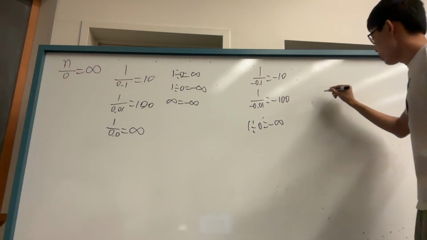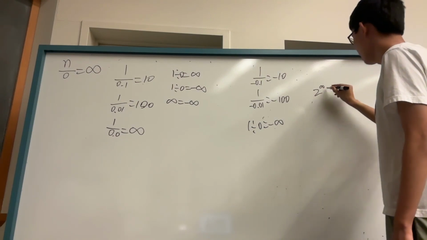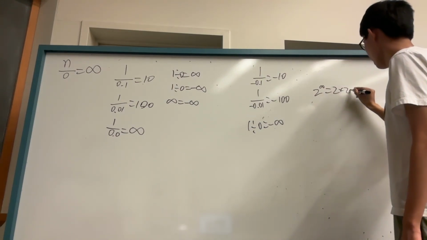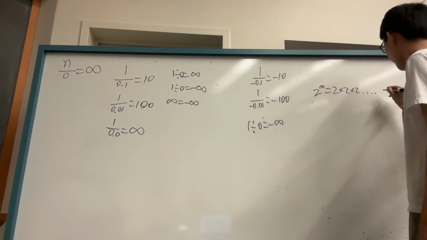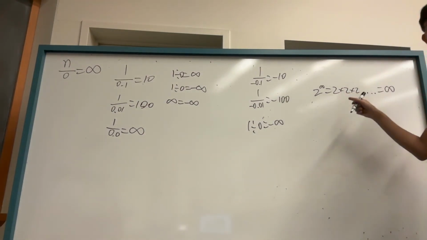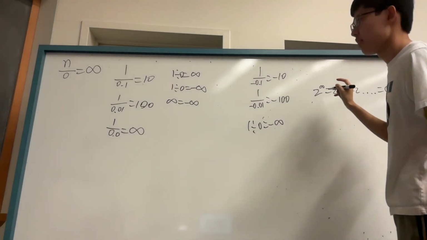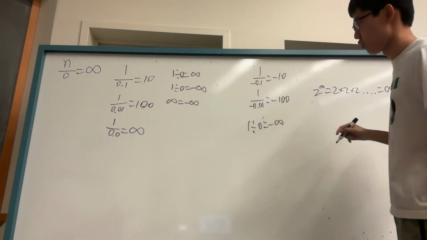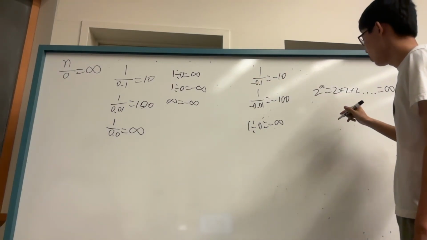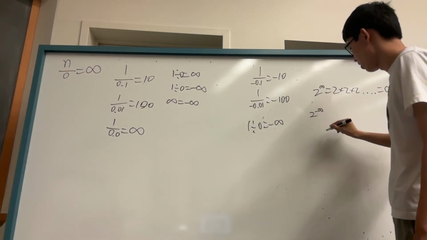Let's take an equation, 2 to the power of infinity. This equals 2 times 2 times 2, infinity times, which should be equal to infinity. Multiplying infinity copies of 2 together should give you infinity. But if we say infinity is equal to minus infinity, this is also 2 to the power of minus infinity.